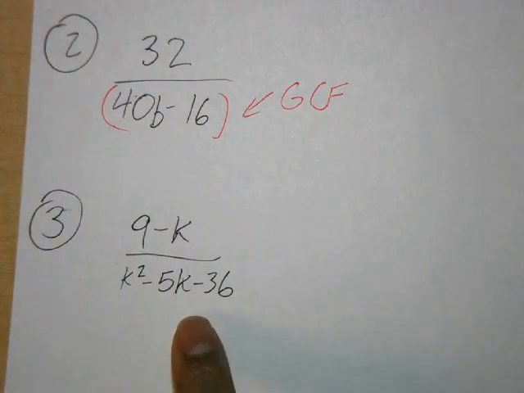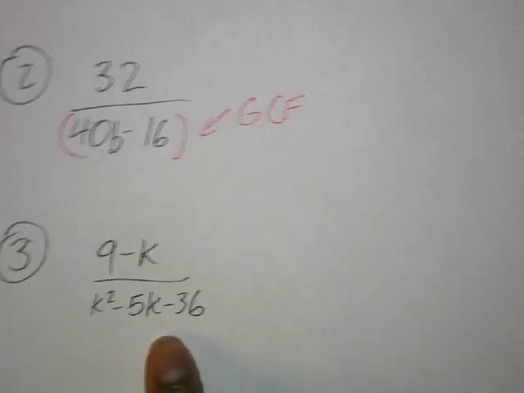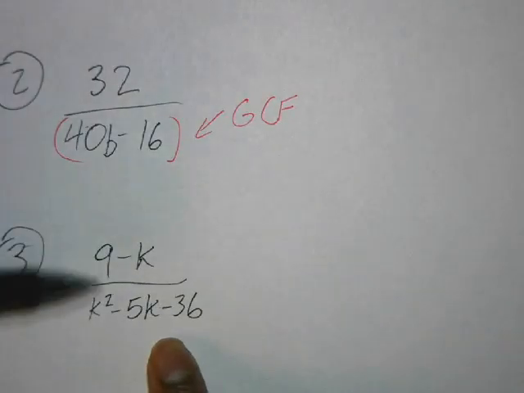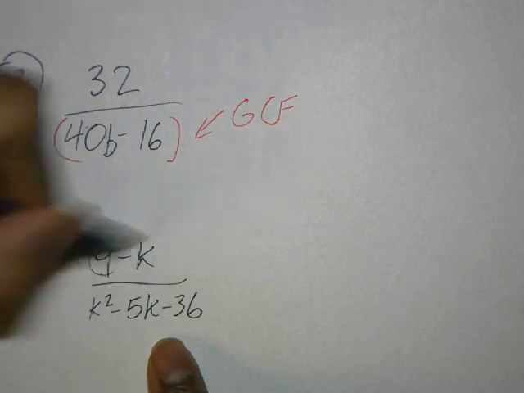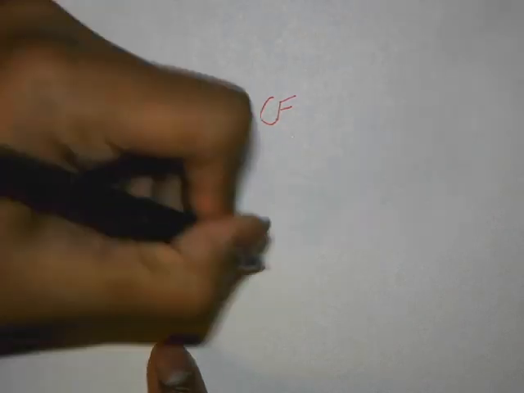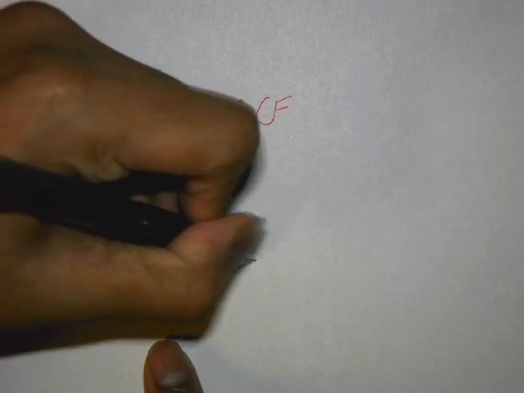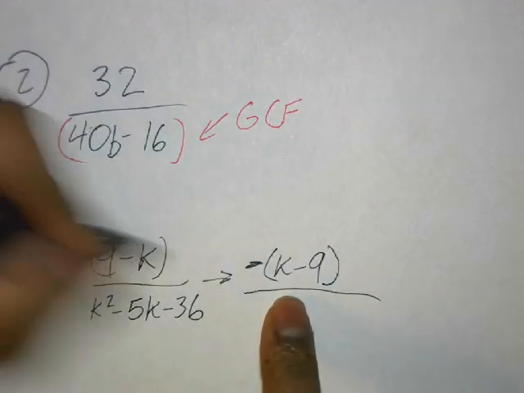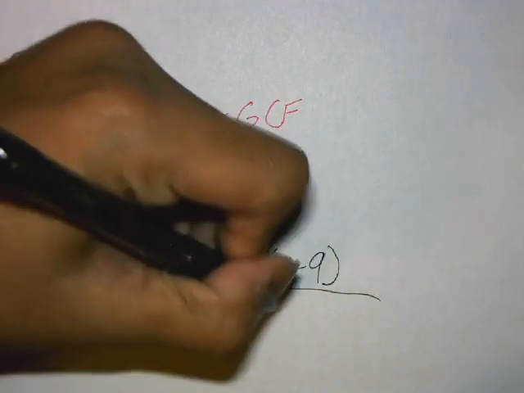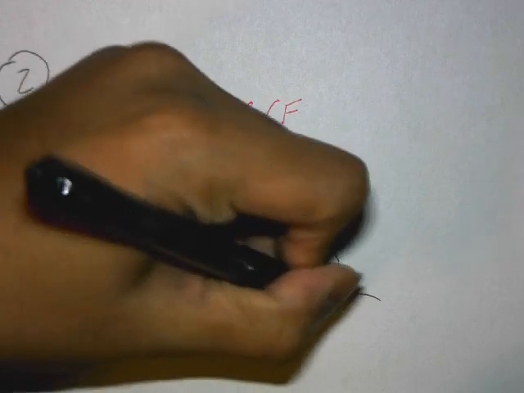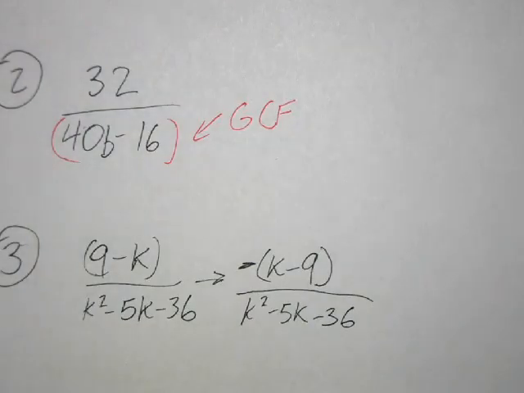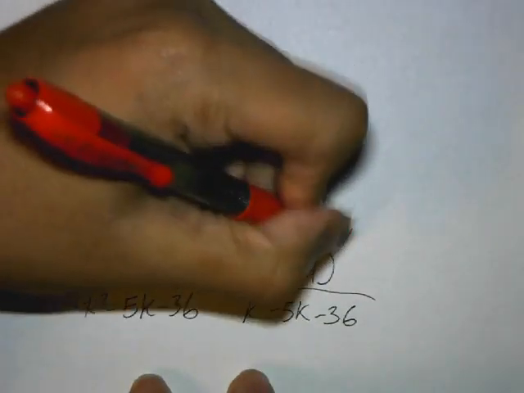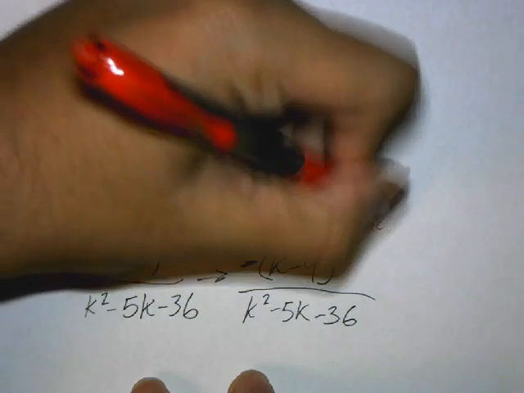My best suggestion to you guys is take this top piece first, and we're going to factor out negative 1 from there, and you'll get negative k minus 9. Now this will actually help you simplify once you've factored out that negative 1.